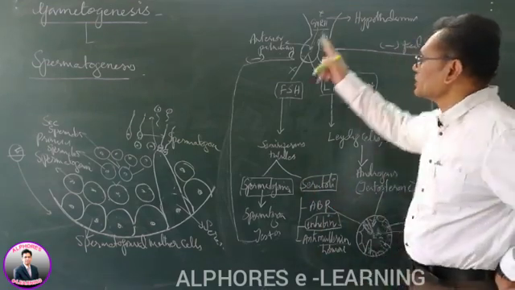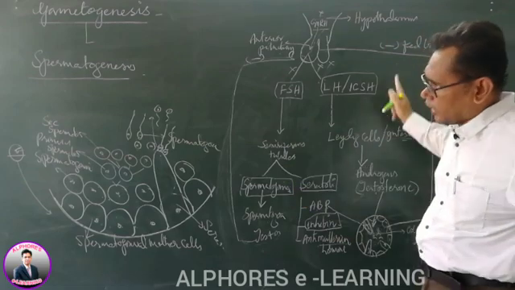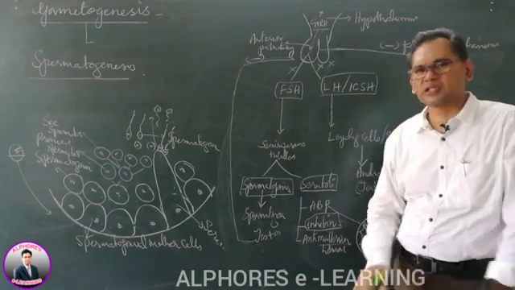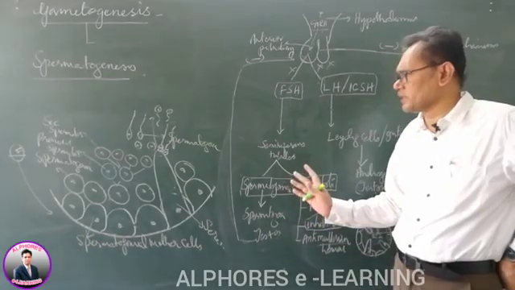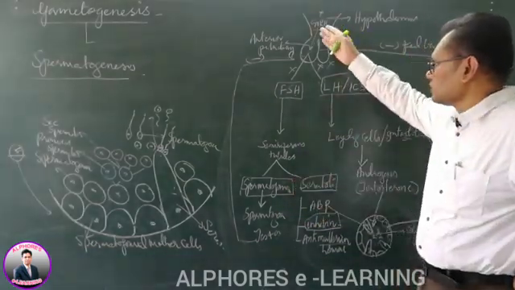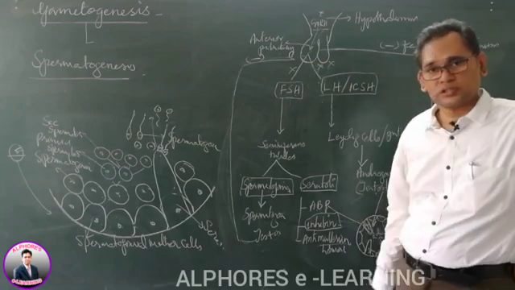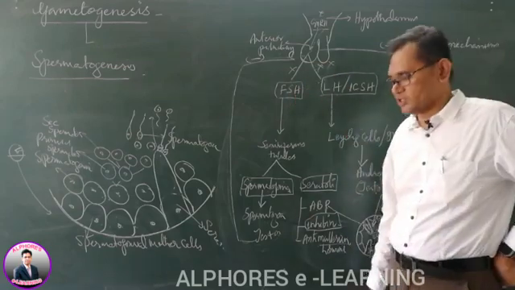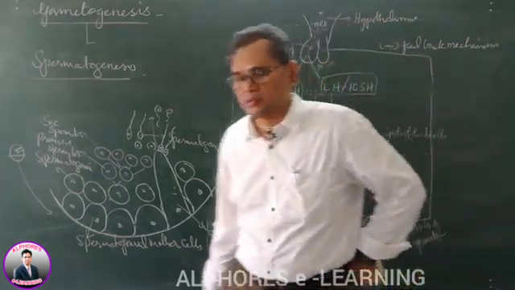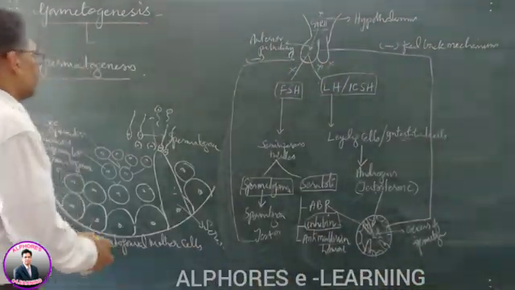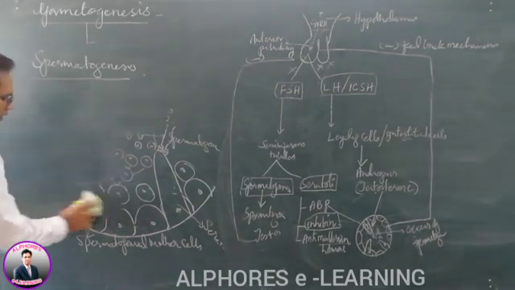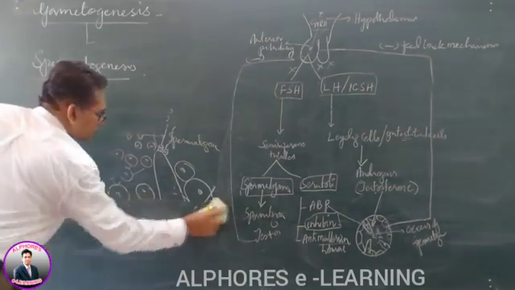Okay, now this is the hormonal control of spermatogenesis. Is it clear? GnRH releasing gonadotropins FSH, LH and ICSH. Okay, this is the terminology we use.